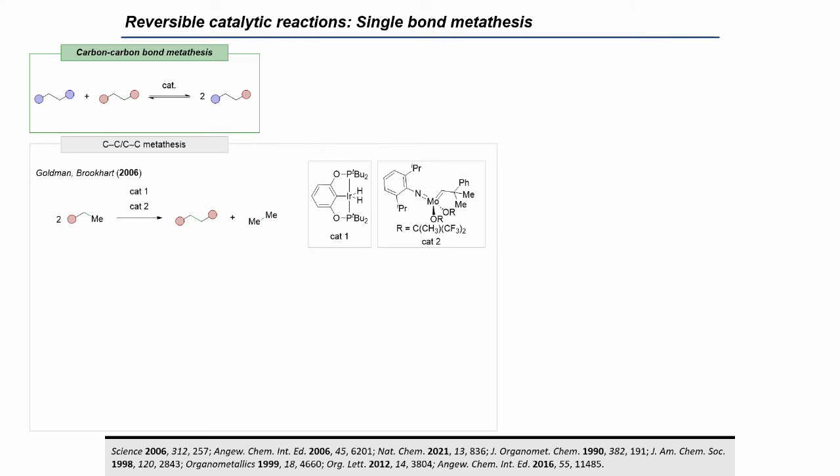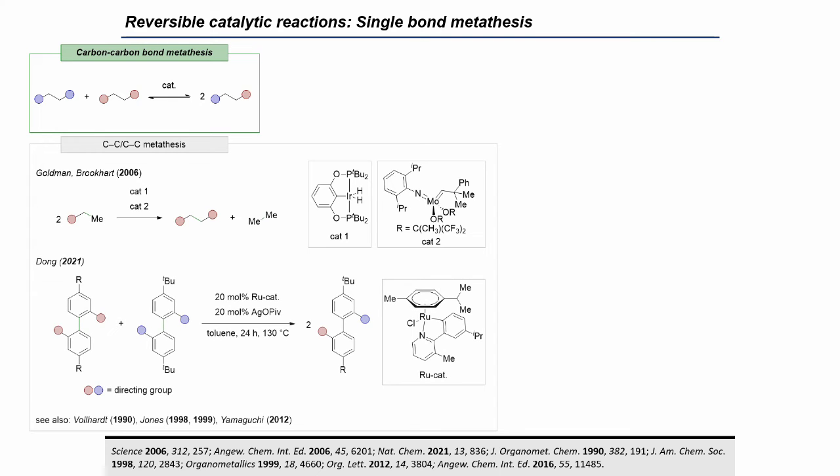This leads to the formation of new alkene intermediates, which after hydrogenation afford the alkane products. It should be noted, though, that there is no control over this reaction, and a complex mixture of linear alkanes is obtained. More recently, the Zhang group reported the intermolecular metathesis of unstrained Csp2-Csp2 single bonds.